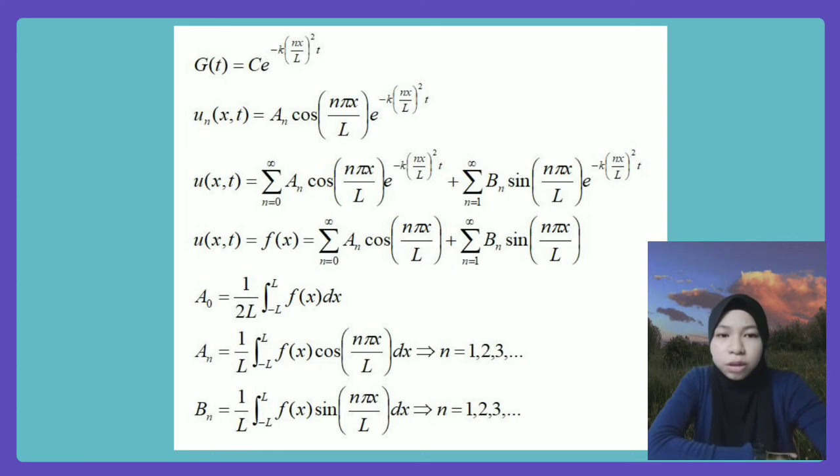An equal to 1 per L integral from negative L to L of f(x) cos n pi x per L dx, n equal to 1, 2, 3 until the number. bn equal to 1 per L integral from negative L to L of f(x) sin n pi x per L dx, n equal to 1, 2, 3 until the number.